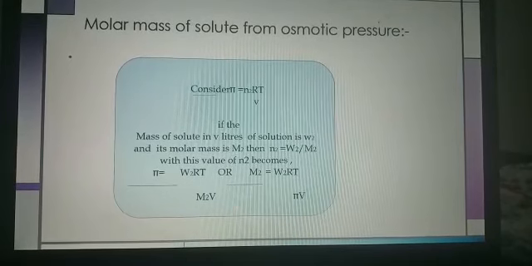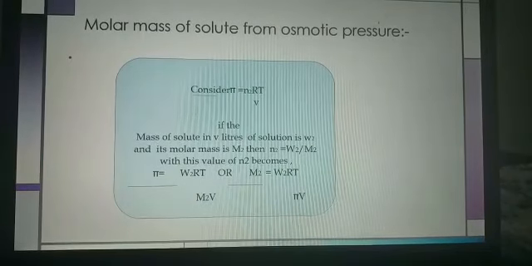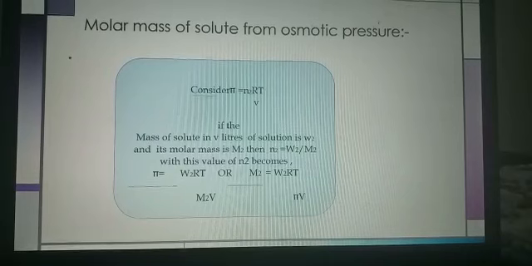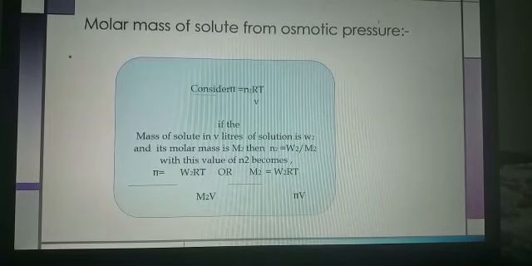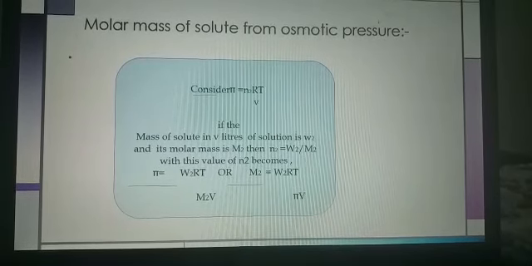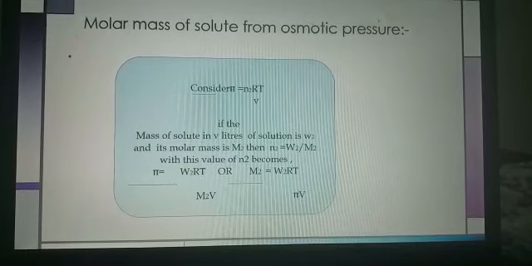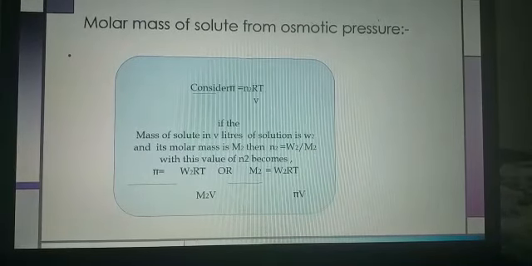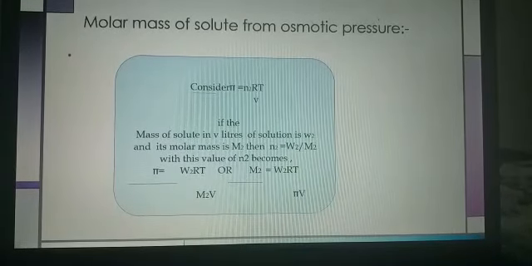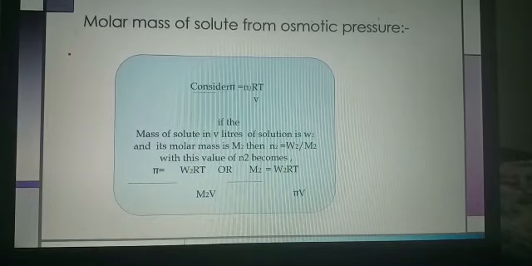Substituting this value in the formula, we get pi = W2RT/(M2V). Cross multiplying, M2 = W2RT/(piV).